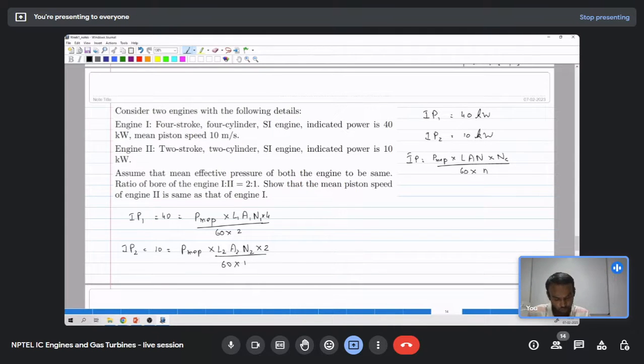So I can equate PMEP for both engines. PMEP for the first one is 40 into 60 into 2 divided by L1 A1 N1 into 4. Similarly for the second engine, PMEP is 10 into 60 into 1 divided by L2 A2 N2 into 2.